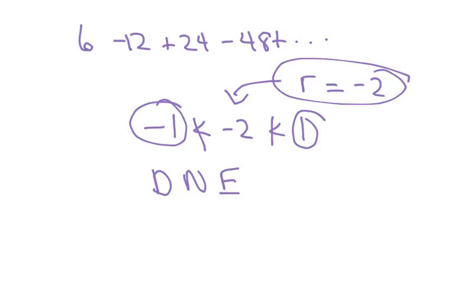All right, and another one, which is really easy. We need to find the first 4 terms when the sum is -16 and r is 1/4. When you have something like that, you don't know what a, the first term, is.